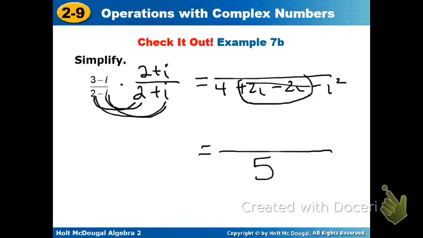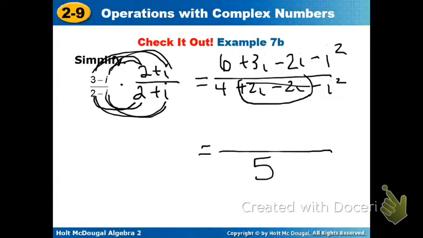Now the top. 3 times 2 is 6. 3 times i, 3i. Negative i times 2, negative 2i. Negative i times i, negative i squared. So we have here, let's combine our i's first, 3i minus 2i.